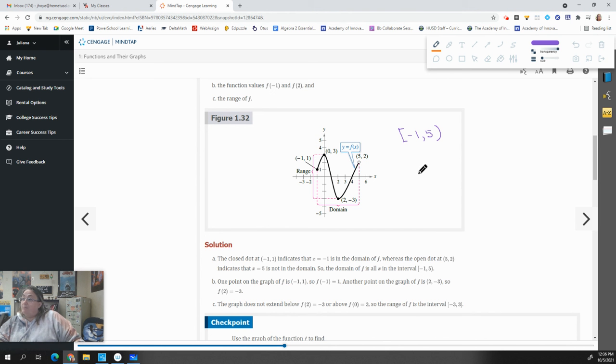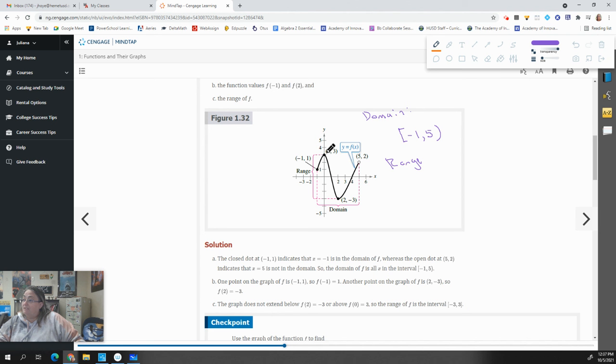If we want to look at the range on this, what is my range? My range is going to run from -3 all the way to its highest point at 0. It's including that -3. It's got a solid dot, and it's including that 0. So if this is my domain, my range are all of the potential y values.